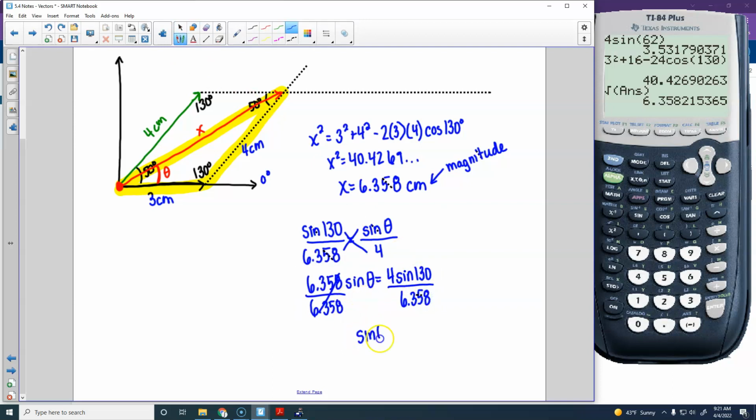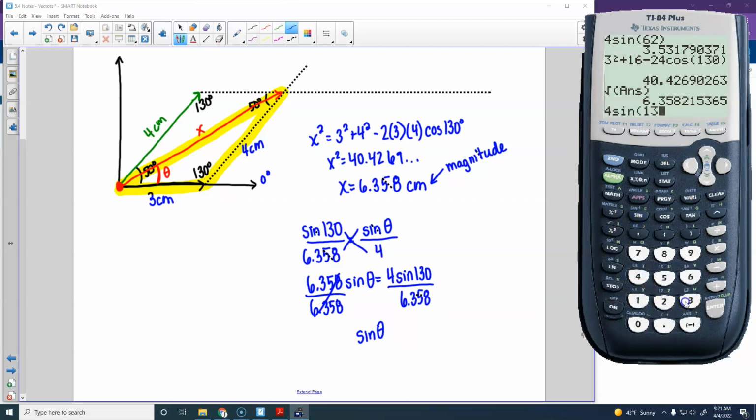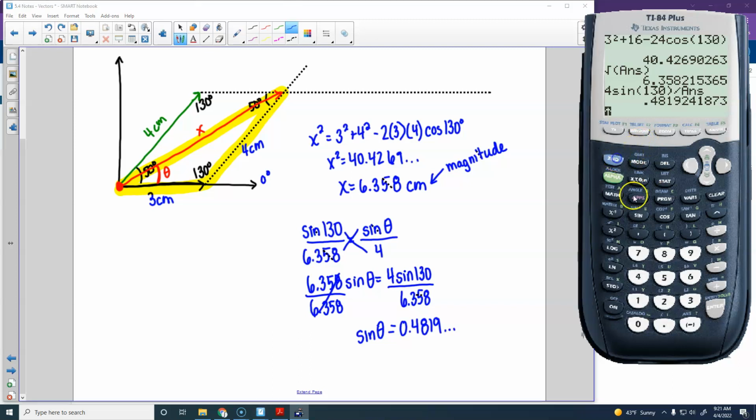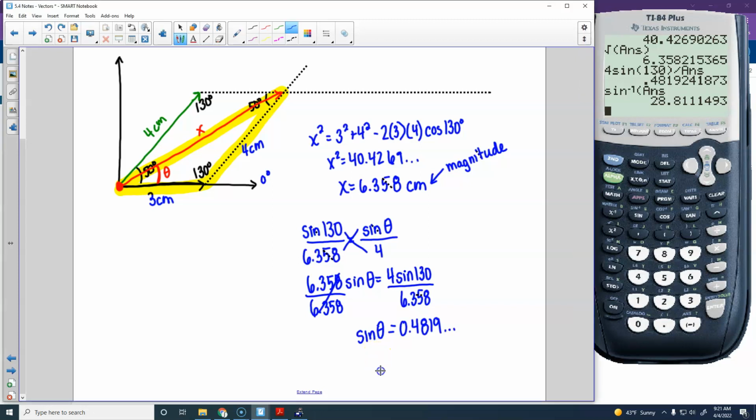So we'll type that in, 4 sine 130 divided by this answer, is going to give us 0.4819. And then we will do inverse sine of that value. And so we get an angle of 28.811 degrees. That is our direction.